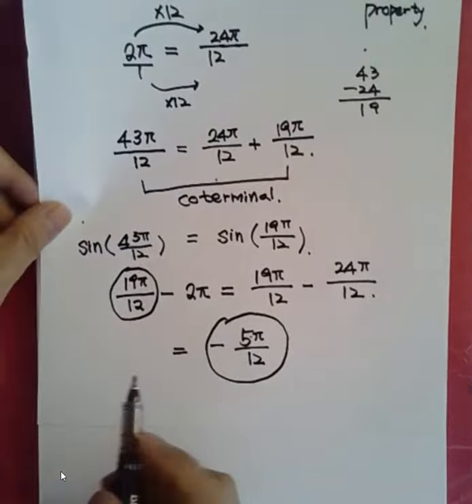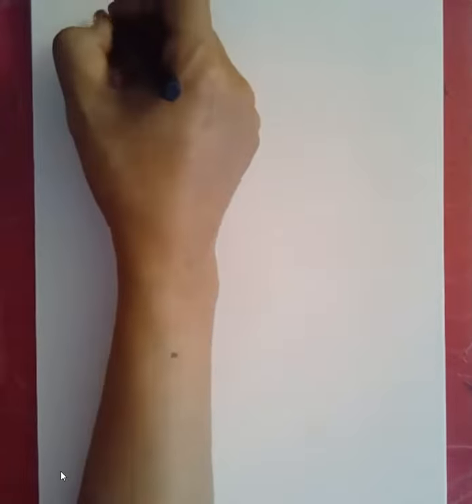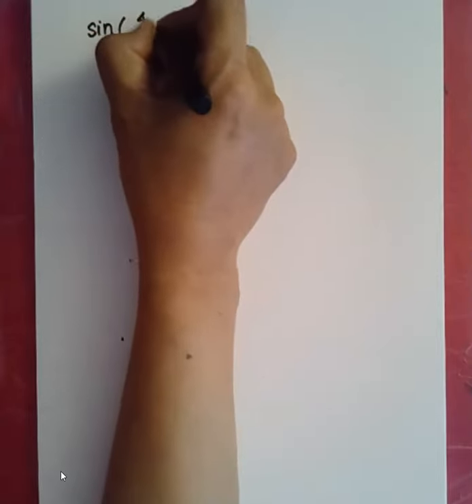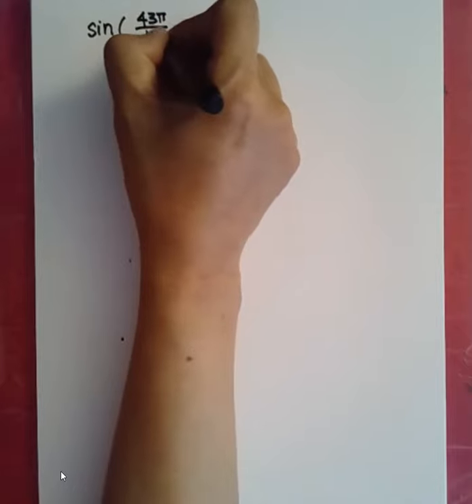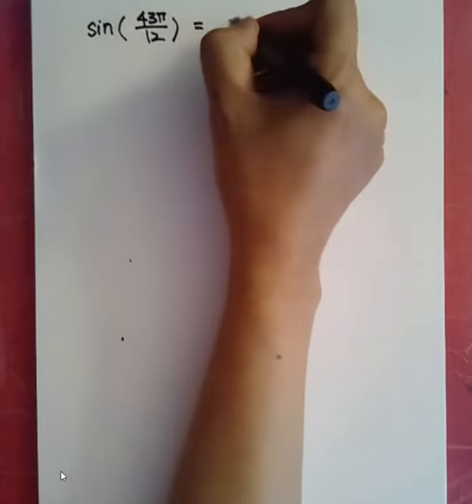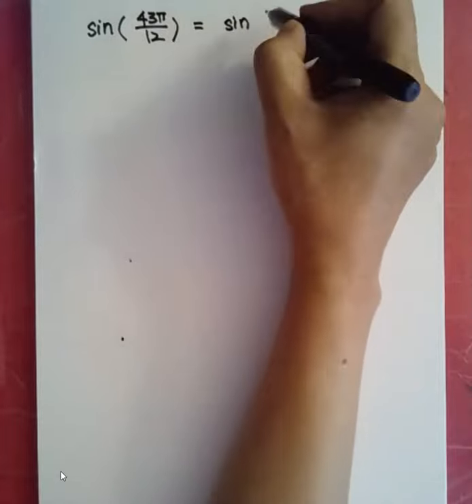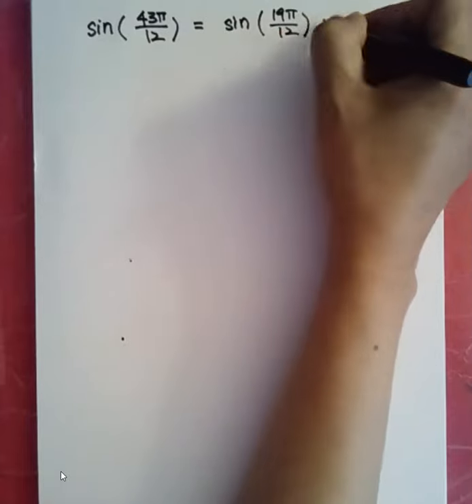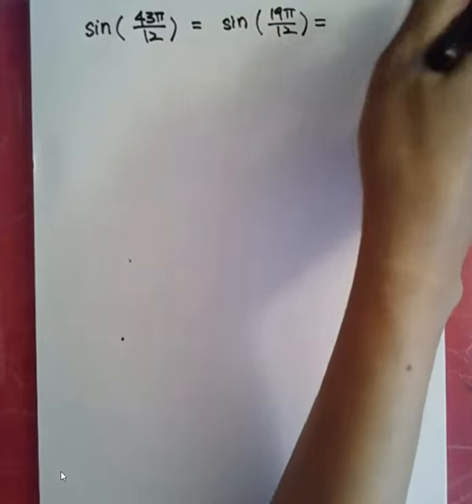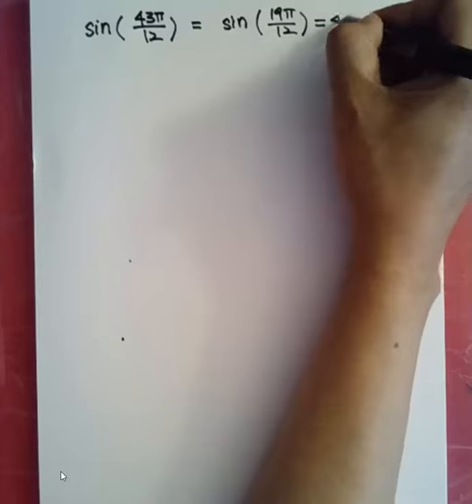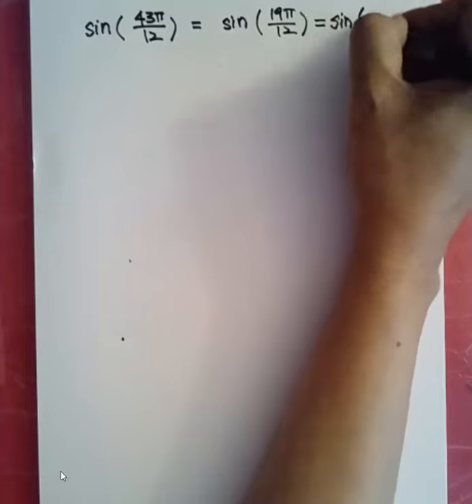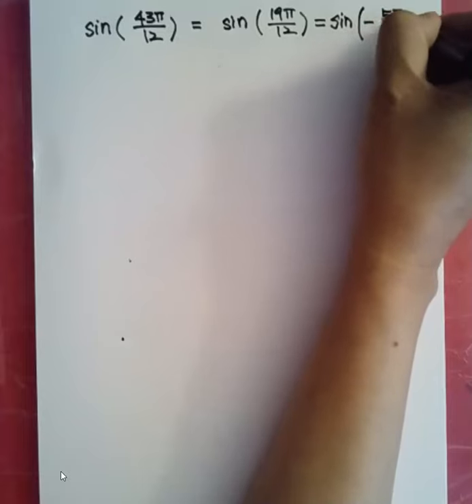Let's summarize what we obtained so far. The problem is given as sine of 43 pi over 12. We figured out that the angle is coterminal to 19 pi over 12, so the sine values are the same. And then we went further. 19 pi over 12 is coterminal with minus 5 pi over 12.